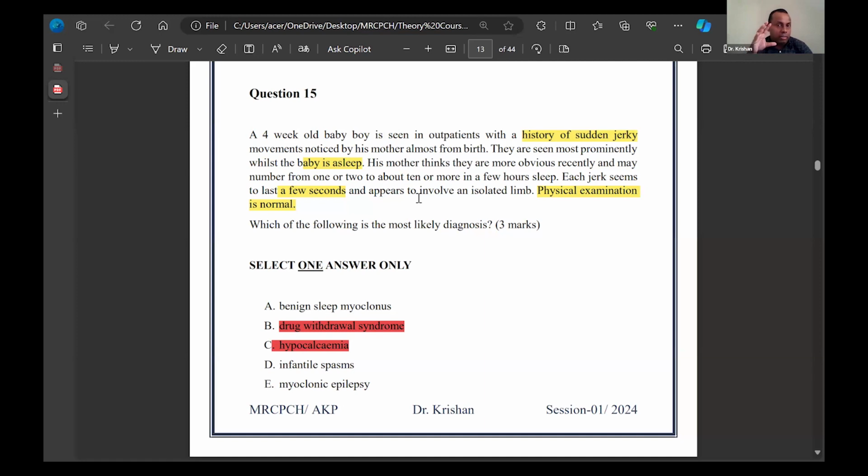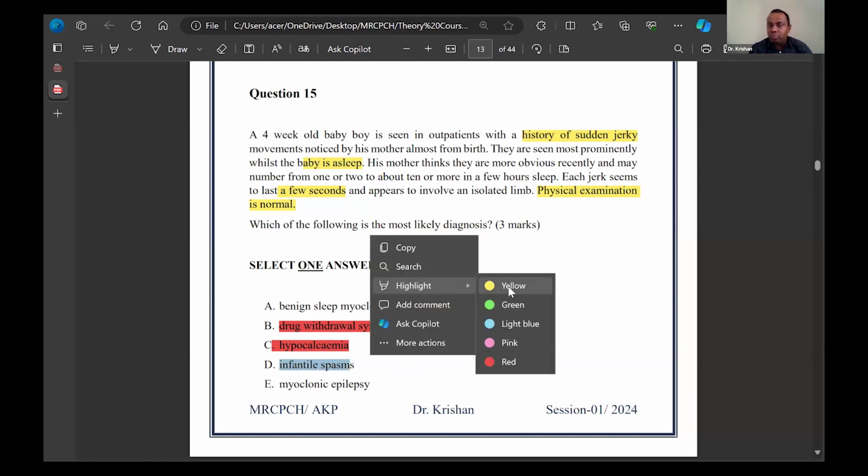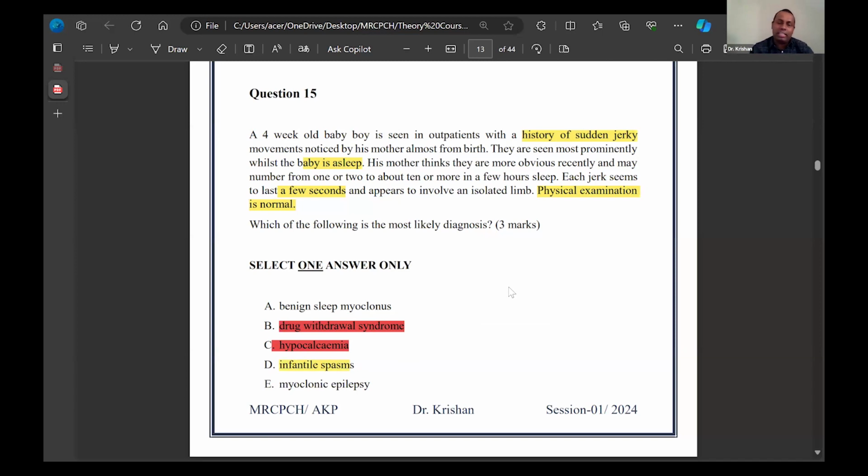Number two, infantile spasms occur at any time. Here, this is only occurring in sleep, right? So that is unlikely. And also, if you think about baby's age, infantile spasms usually starts to present around 3 to 4 months of age onwards. I would say this boy is too young to have it yet.